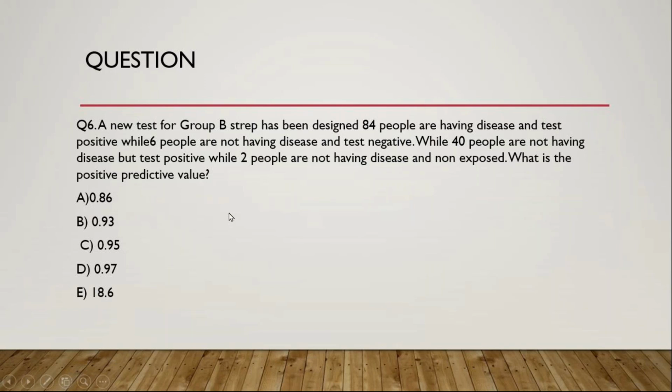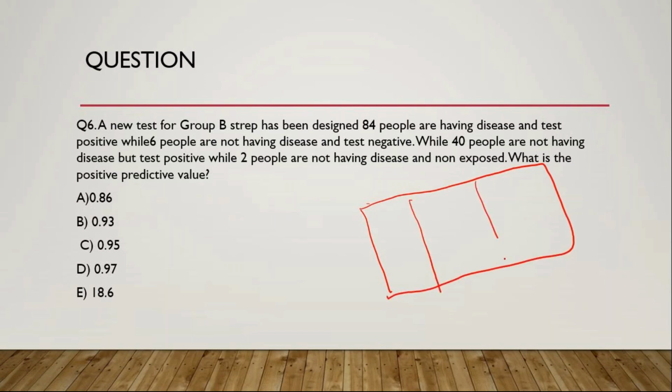So yes, what will be the answer? Make a 2 by 2 table first. Then like risk factor, then disease positive, then disease negative, risk factor present, risk factor absent. So it is written that 84 people are having disease, so it is A, that is true positive.